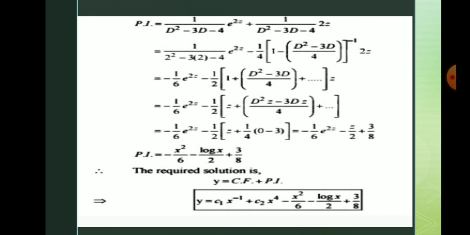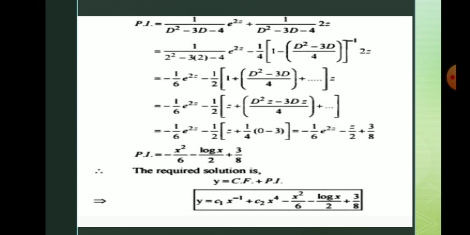Now to find PI, this is equal to 1 upon f(D) e to the power 2z plus 1 upon f(D) into 2z. In the first term we apply the formula for e to the power 2z, then this term is converted into minus 1 by 6 e to the power 2z.